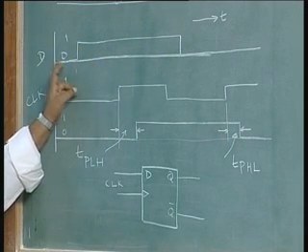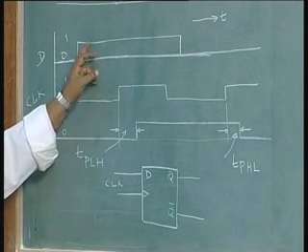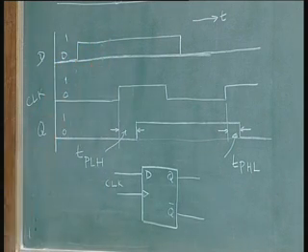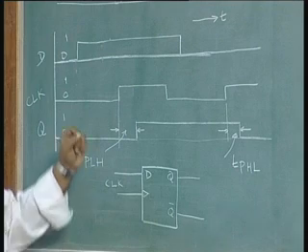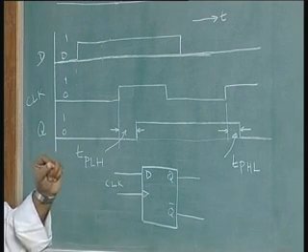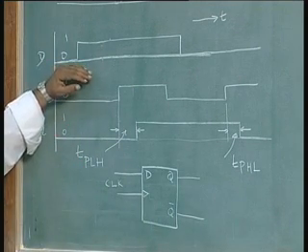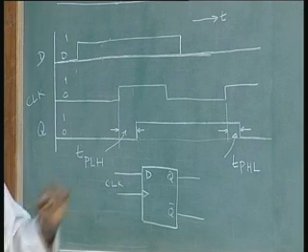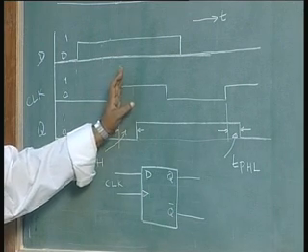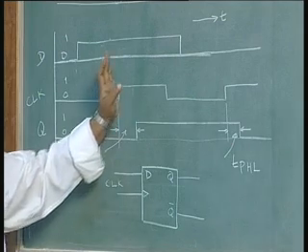Instead of D changing from 0 to 1 here, suppose it changes from here or here or here. Is there any restriction or condition which says how early D should change before the clock edge arrives, in order for the clock edge to recognize this change and transmit it to the output?